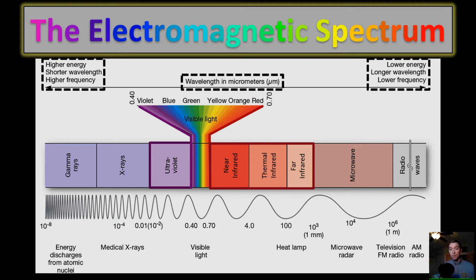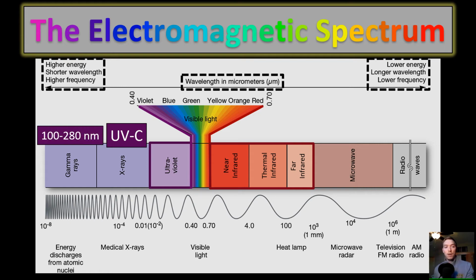Here is another group, the near infrared through the far infrared, that we really care about because, one, it's something that plants and photosynthetic organisms really care about, but thermal energy is transmitted in this as well. Now, if we look at our ultraviolet, we have UVC, which is around 100 to 280 nanometers.